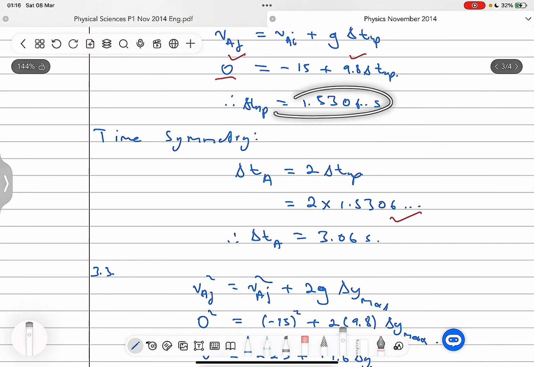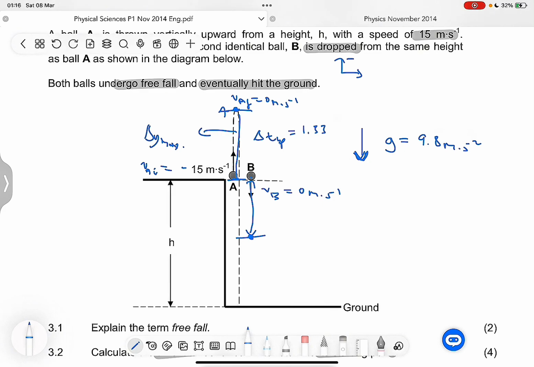Yes, the time that it took for this to go up, 1.53, would be the same time that it takes for ball B to actually go down. It will also take 1.53 seconds to go down, because they really move at the same time.